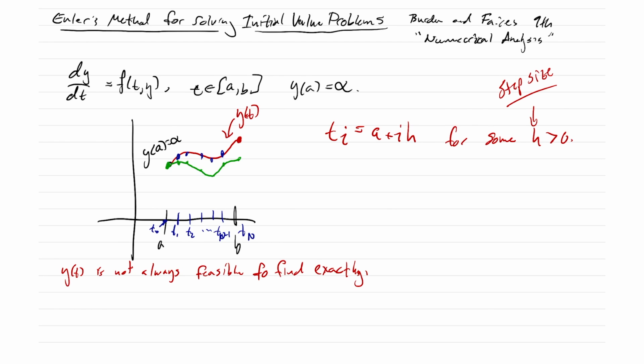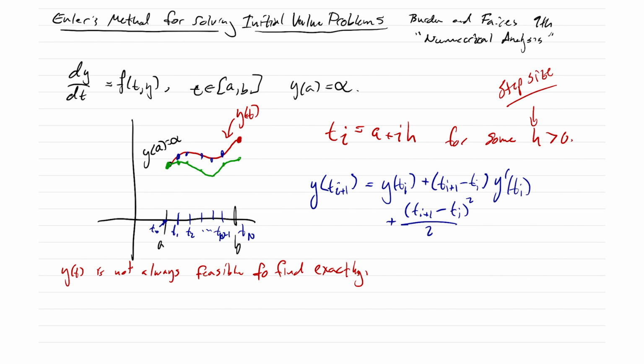And then we can derive Euler's method very quickly, and the way that Burden takes the approach is to use Taylor's formula. Following Burden, we can see that y of t i plus 1 can be written as y of t i plus t i plus 1 minus t i times y prime at t i, plus some error term, t i plus 1 minus t i squared divided by 2 factorial, but that's just 2, times y double prime at some point c i, right?